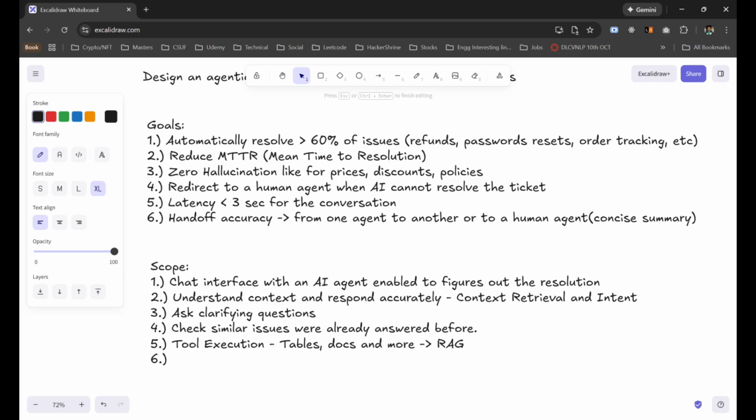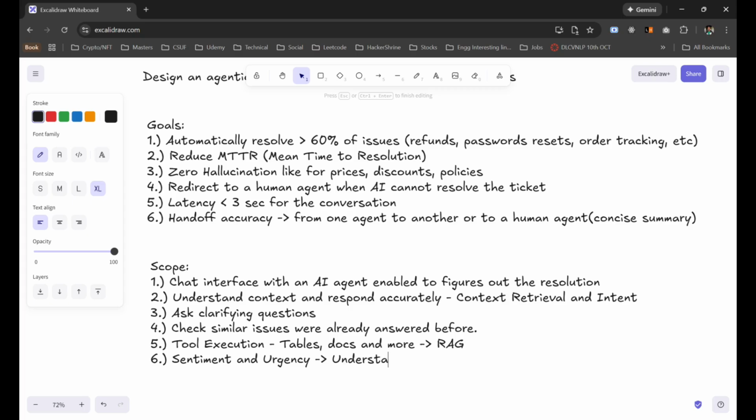Then the entire journey of a customer, from the analysis of the intent to actually giving you a resolution, we should always track the sentiment. And let's add the urgency as well. What if it's an urgent thing and the AI is not able to solve it, right?